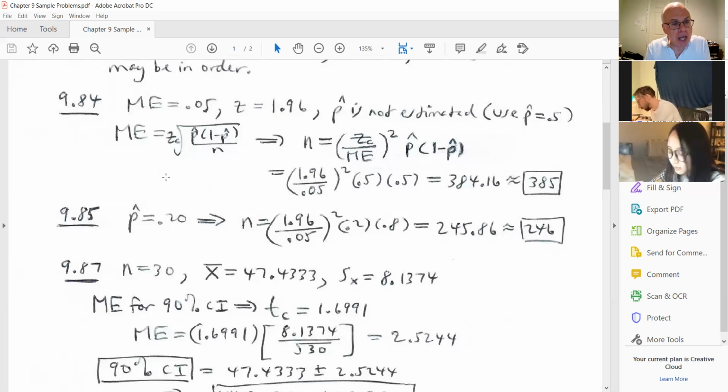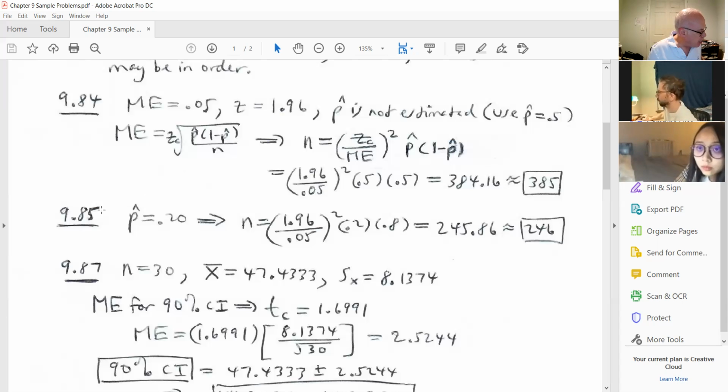Now, the next problem is the same problem as 9.84. If you read through 9.85, it says, suppose a small-scale preliminary survey has indicated that no more than 20% of television households will tune into the first episode of the miniseries. So now we have our estimate for p hat, 0.2.